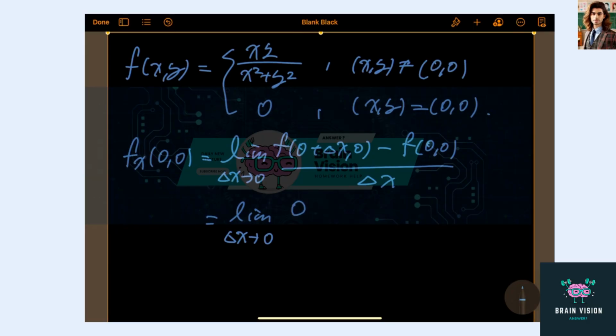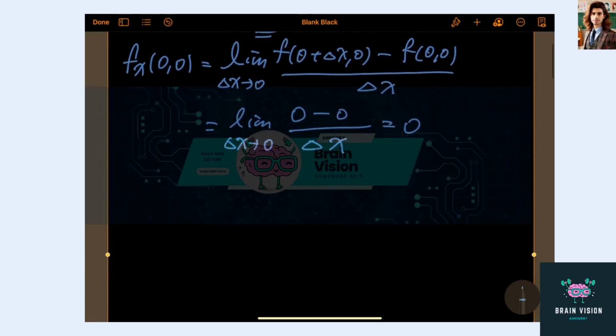Just by substitution you can conclude that the first term is 0, and f of (0, 0) is given in this one, so this is 0 over delta x, which leads to 0.